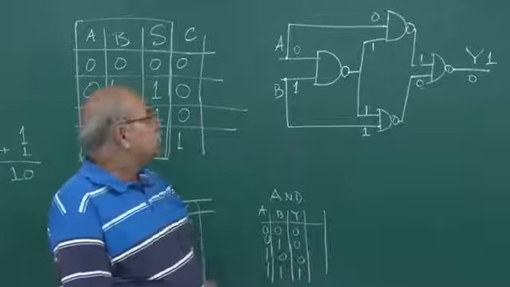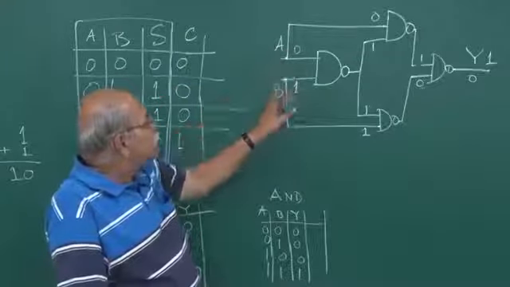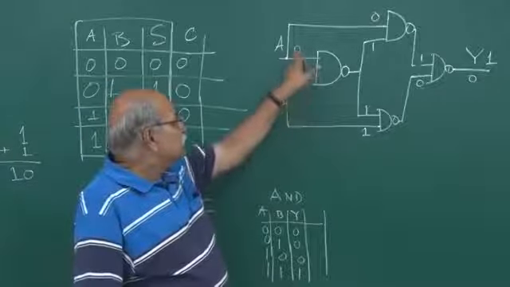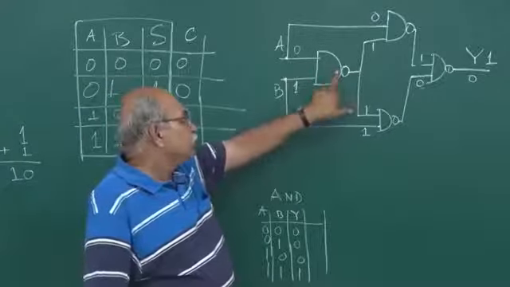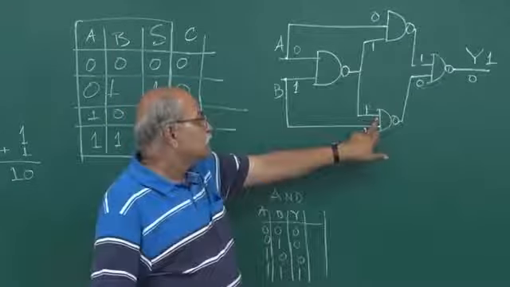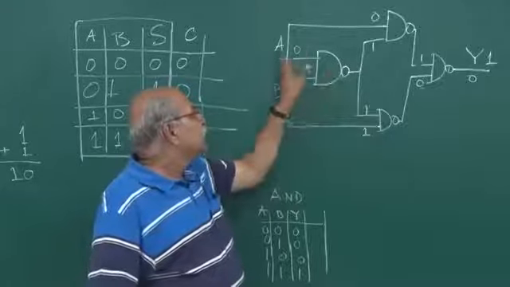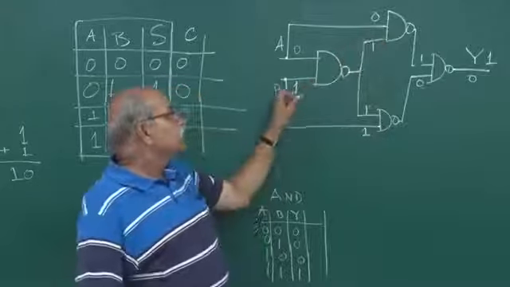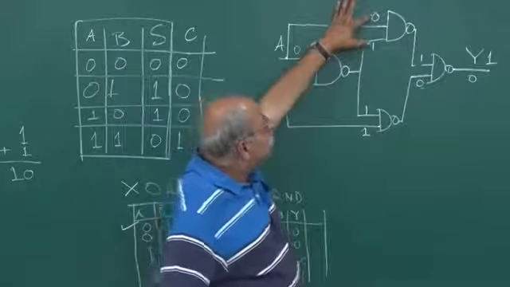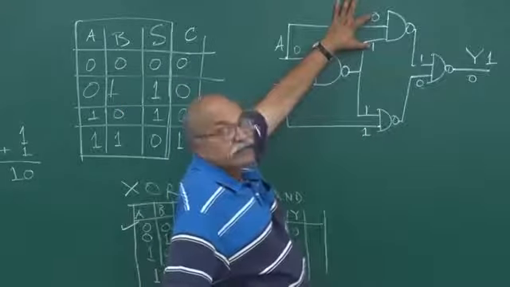Okay, let me repeat. I have given A equal to 0, B equal to 1. So 0 and 1 is 0. So here it is 0, here it is 1. That 1 goes here and that 1 goes here. Then this 0 I am putting here directly, this 1 I am putting directly here. Now, 0 and 1 is 0.